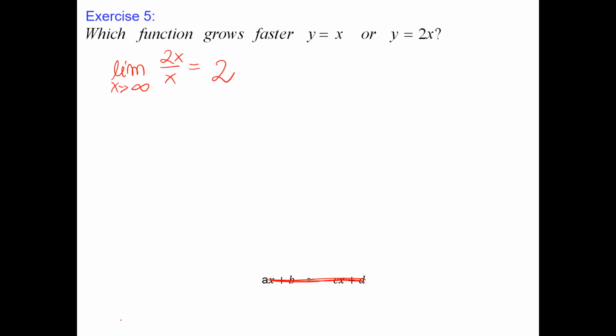If the limit is a non-zero finite number, these functions are comparable. The relative rates of growth are the same. We do have a certain ratio, 2, or maybe 1/2 if I create the fraction the other way. But it's not 0, not infinity. Neither x nor 2x, they will both be at infinity. It doesn't matter if it's infinity or 2 times a big number, it's still a big number. That means the two linear functions grow at the same rate.